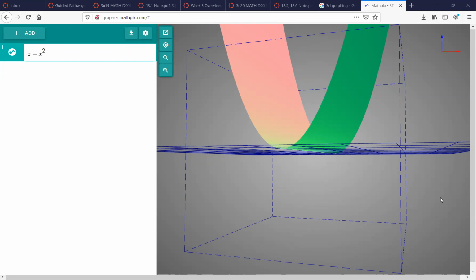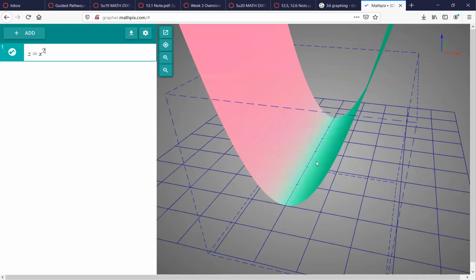As you can see, the graph is including a parabola. So it's a paraboloid.